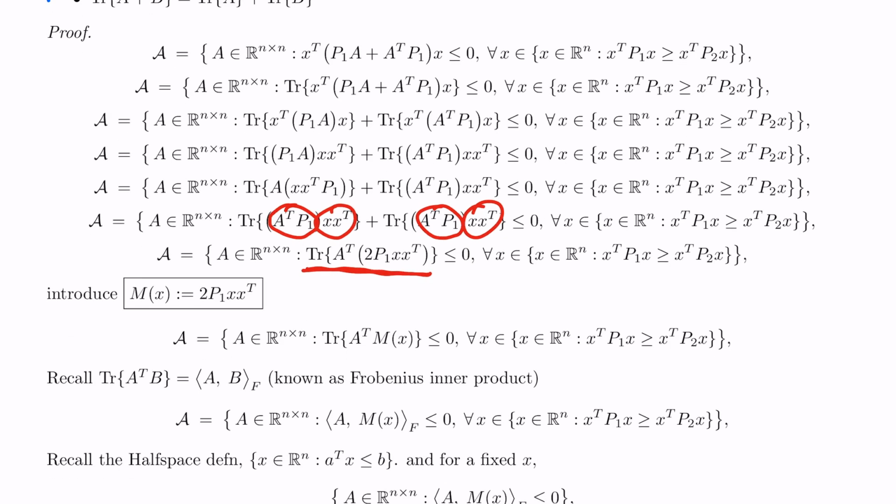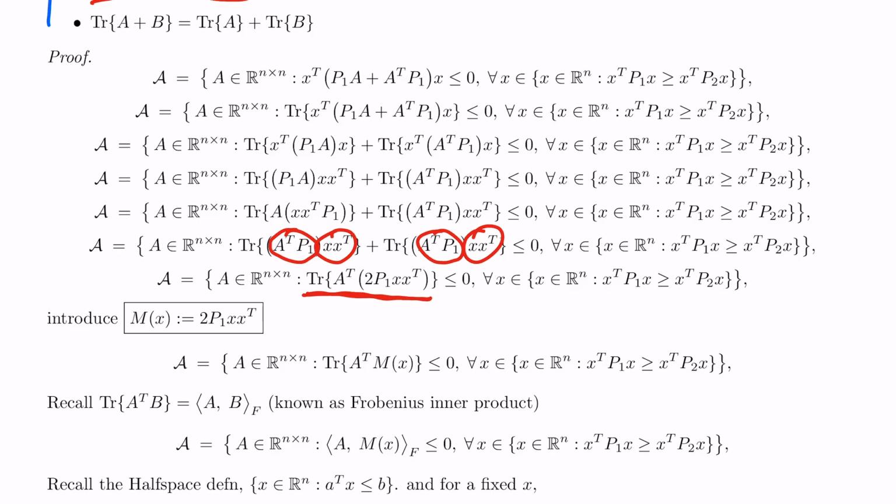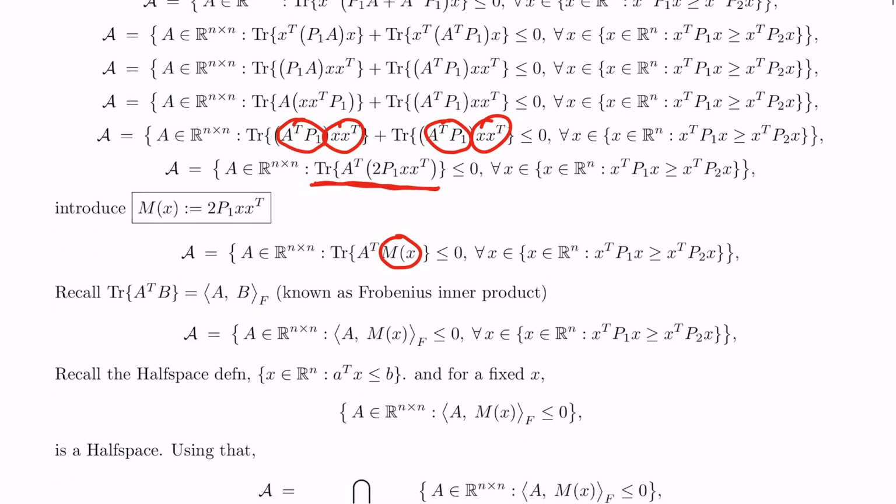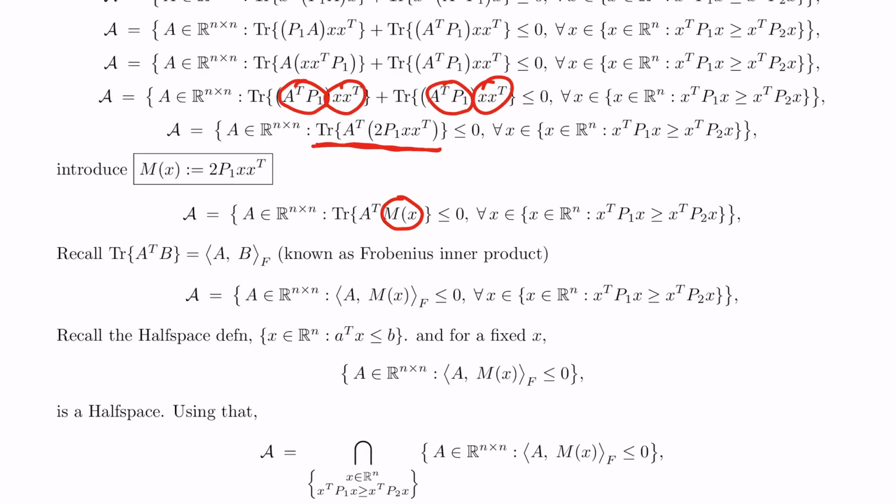We didn't do any crazy manipulation so far, and now we are introducing this expression M of X. The reason why we are introducing that will be clear in a second. So we have M of X and trace. Let's recall this definition. If you dealt with optimization problems before, this is the type of stuff you will see in semidefinite SDP optimization problems, especially deriving some of the properties.